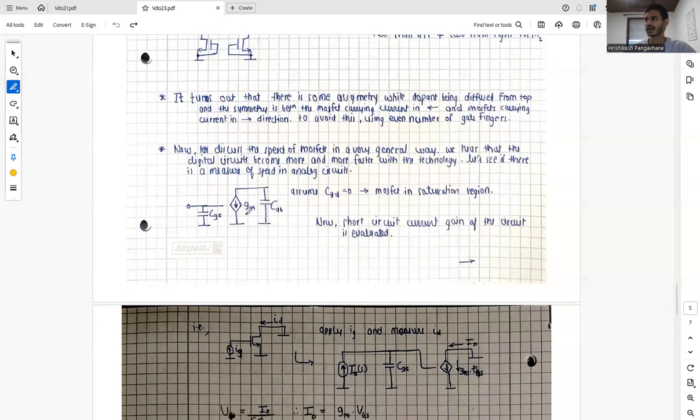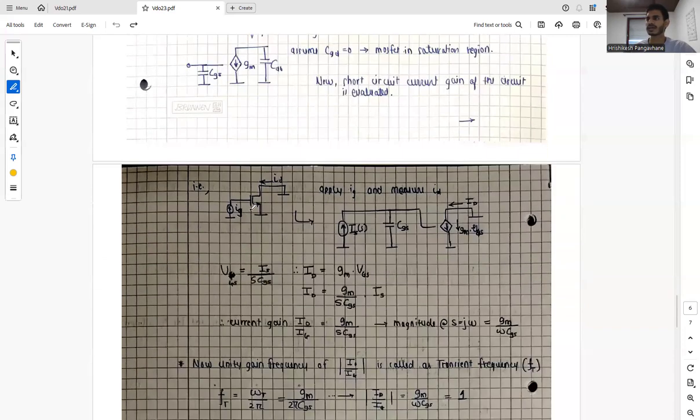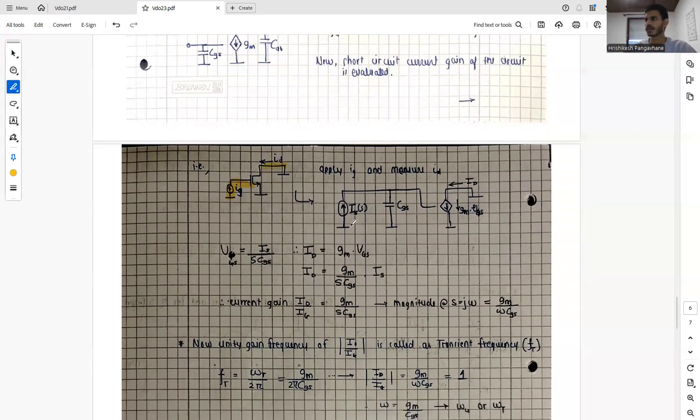Now the short circuit current gain of the circuit is to be evaluated. So what we do is we apply some IG at the gate and we measure the ID. Say we applied some current, in the frequency domain, and we have CGS, and it goes to the gate and induces the current gm times VGS, which is ID.